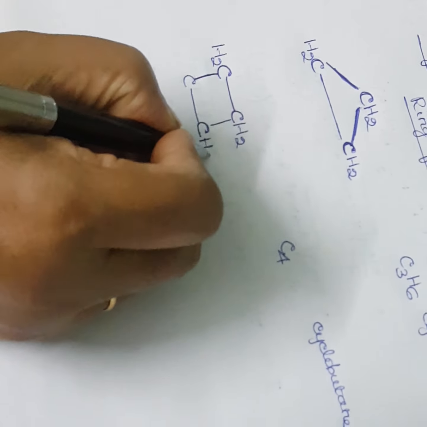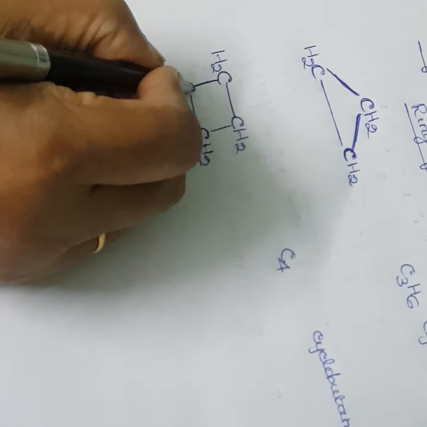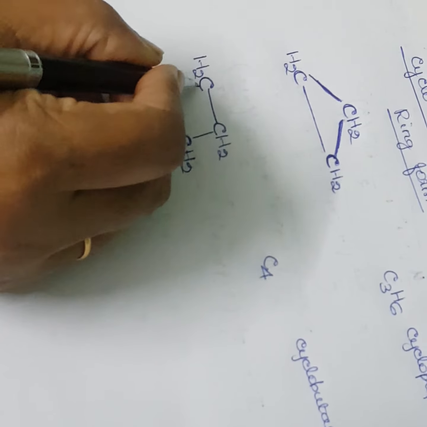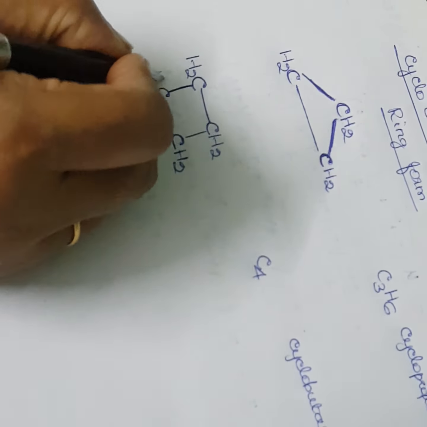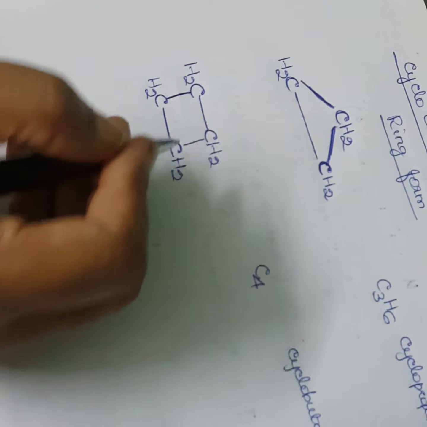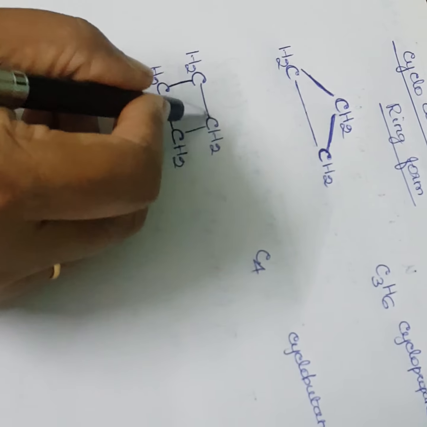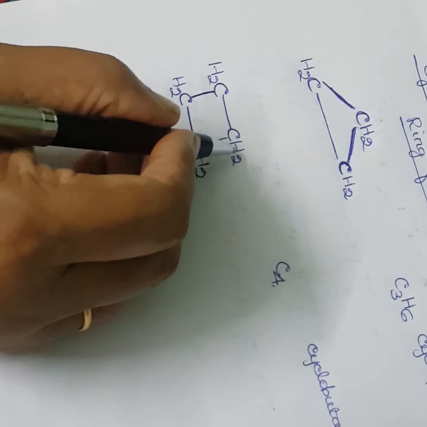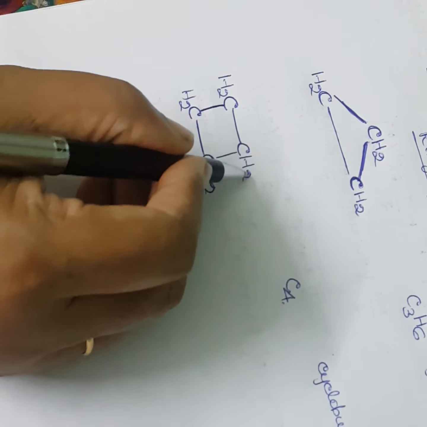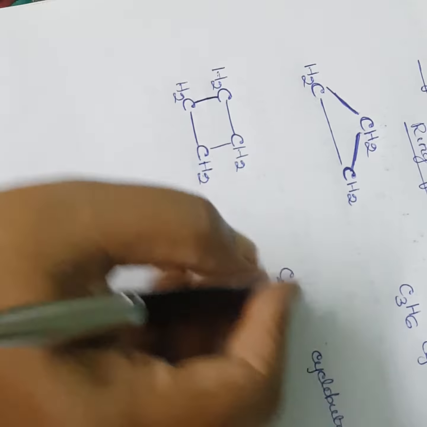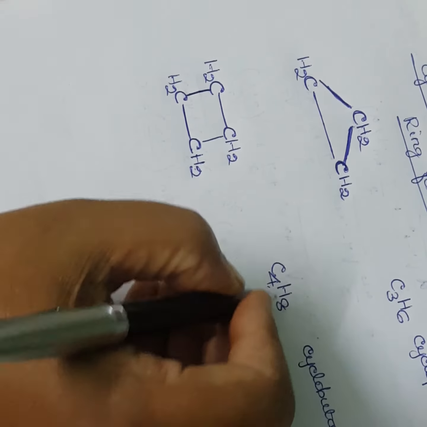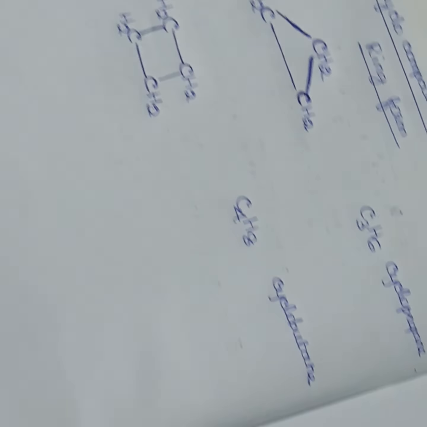So the remaining should be linked with 2 hydrogen. This carbon is already linked with 2 carbon and the remaining will be 2 hydrogen. Accordingly, now the total number of carbon atoms is 4. Hydrogen atoms will be 2, 4, 6, 8. So the formula is C4H8 and it is cyclobutane.